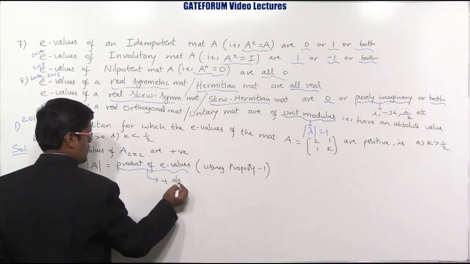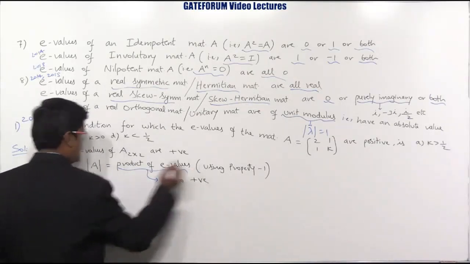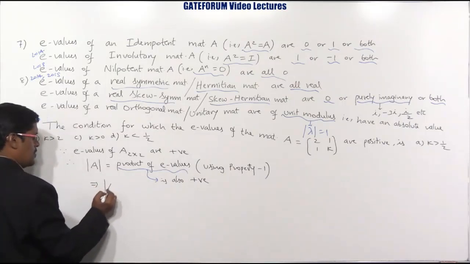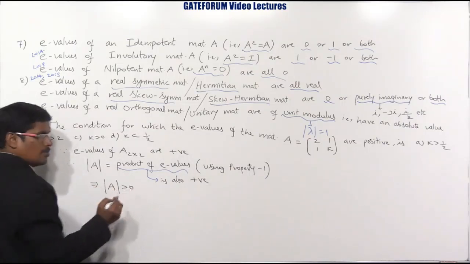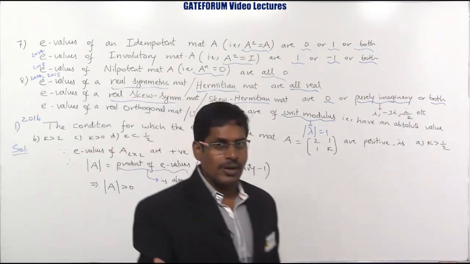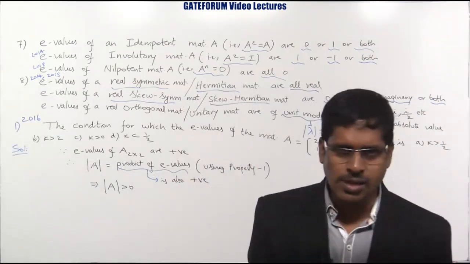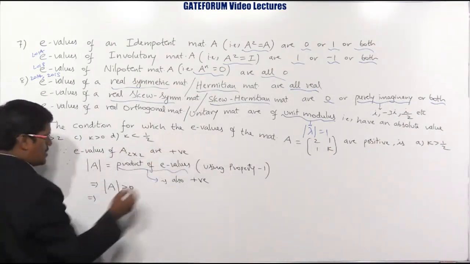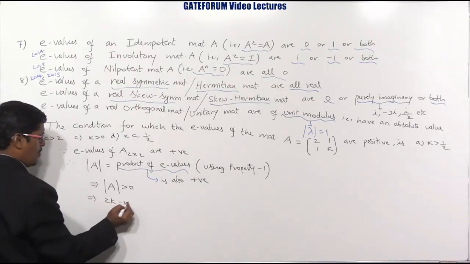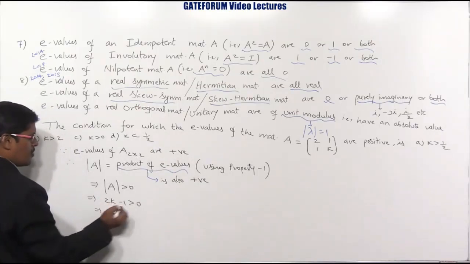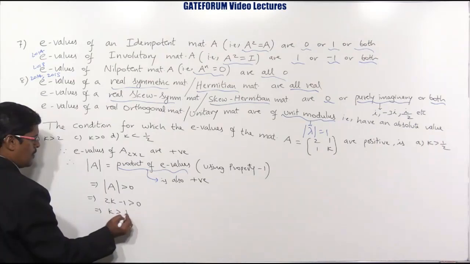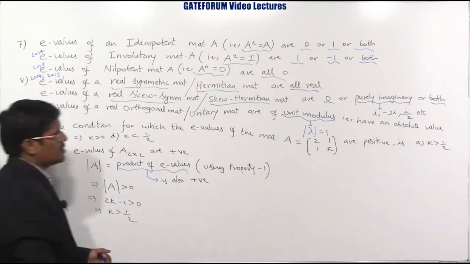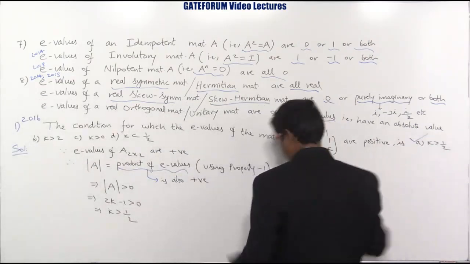So that means determinant A is positive, in symbolic form an inequality greater than 0. Negative means less than 0. What is det A, a 2 by 2 matrix determinant? 2k minus 1 greater than 0. Shift minus 1 to the right side: k greater than half. Therefore the answer is option A.